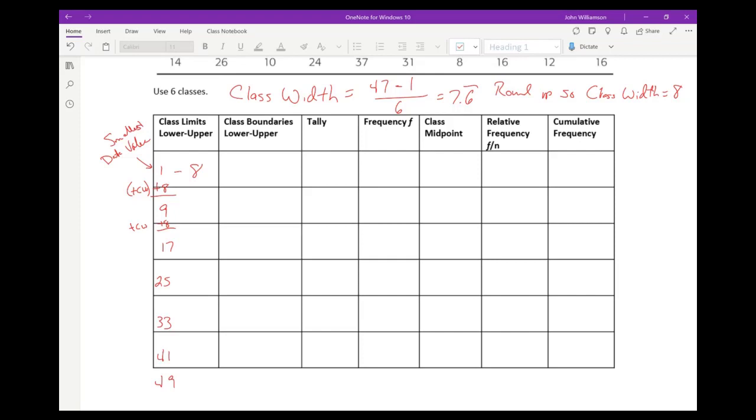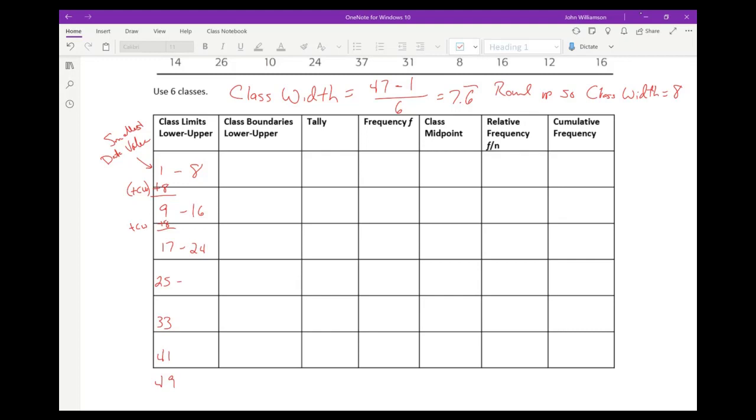You might see some on Hawks where it's not perfect whole numbers, just because of the way Hawks generates the random data, but the ones I'm going to have you do will always be whole numbers, so you don't have to worry about decimals. So 1 to 8, you tell me, what's the next upper class limit going to be for that second class? 16, exactly. And then 17 to what?